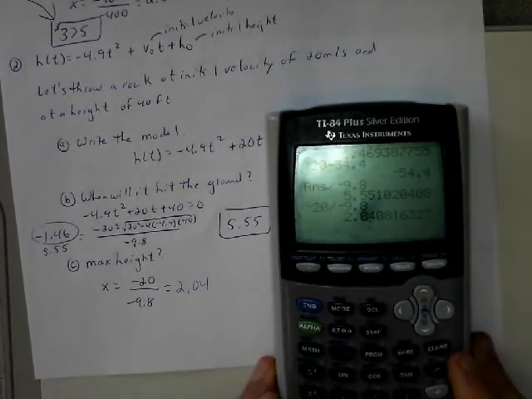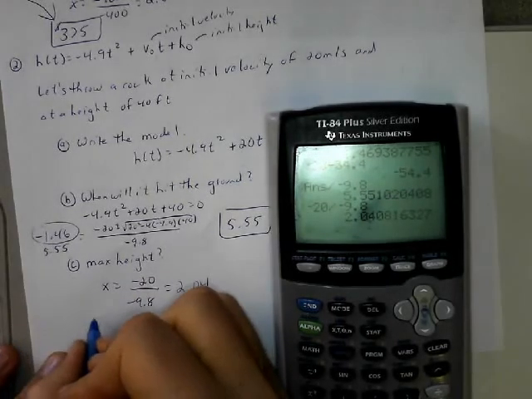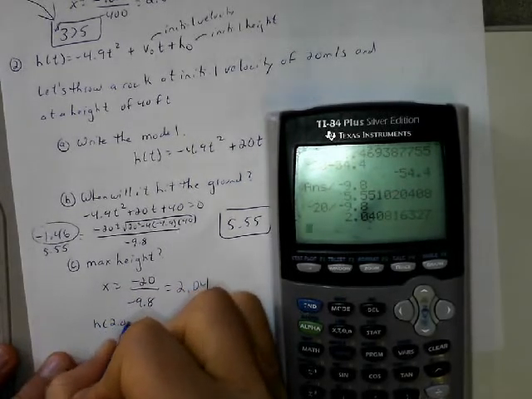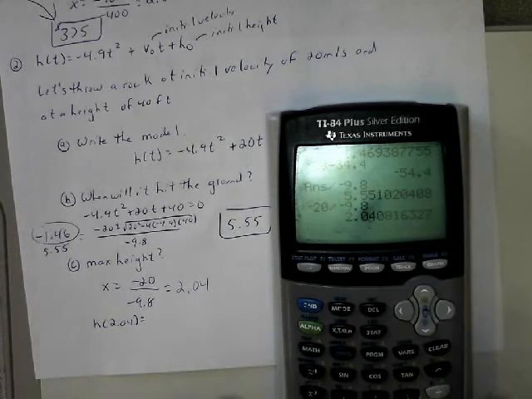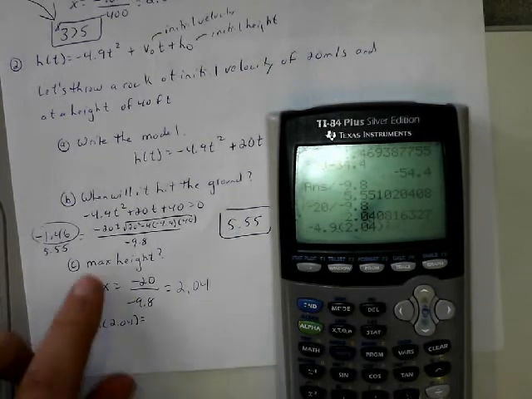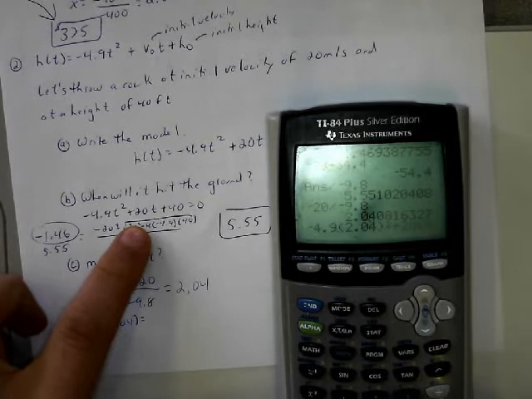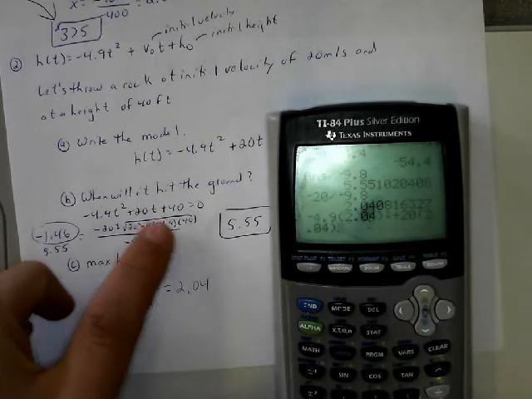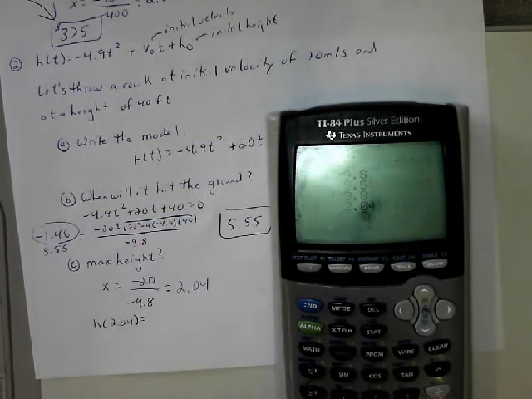I asked you for the max height, so we do have to plug this back in for h of t. So the height at 2.04 is equal to negative 4.9 times 2.04 squared plus 20 times 2.04 plus 40. So the max height is 60.4.